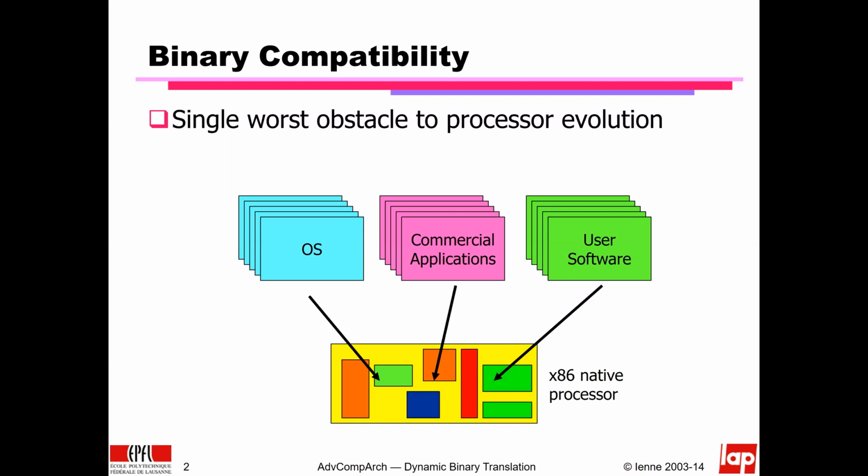Now, the fact that we want this is not given, right? Because one could say, well, if you change the processor, why don't you take your C code and recompile? So the fact that people want binary compatibility has always had a very strong impact on computing. It was certainly something that was not there in the early times of computing. In some sense, designing a new machine consisted largely in designing a new instruction set.